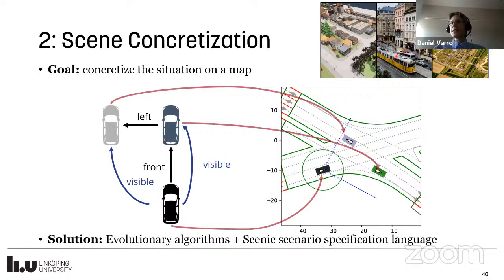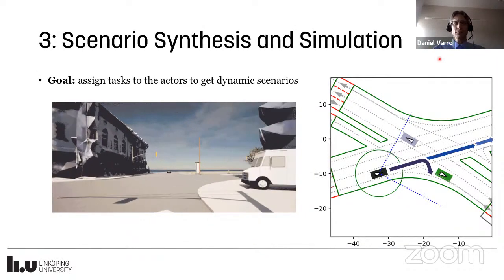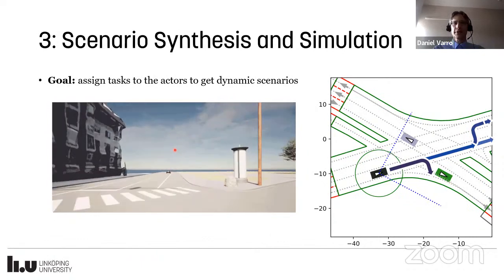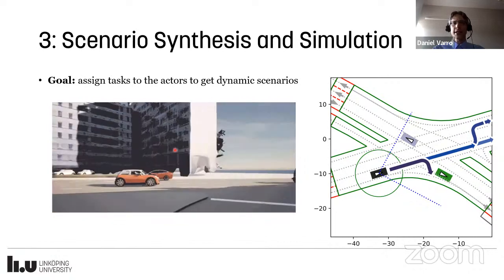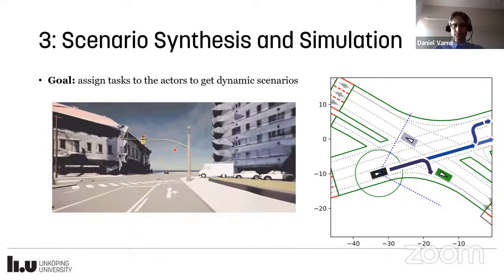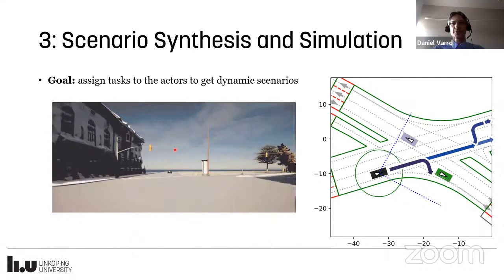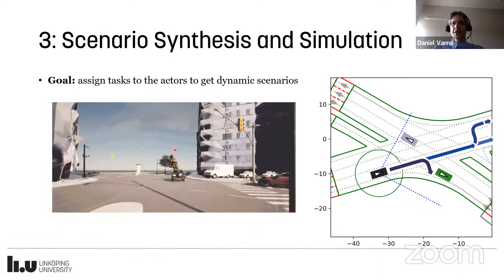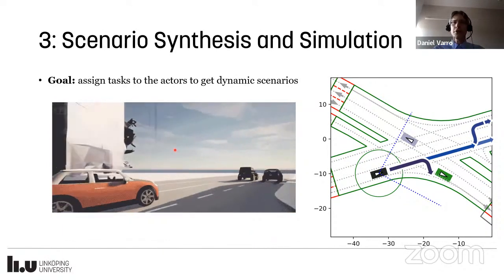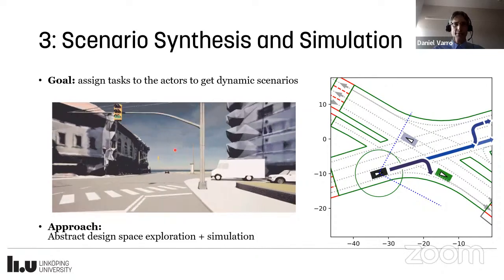In one case it is a physical intersection in Budapest, another one is a test track, the Zala zone, which has been built for testing autonomous vehicles. And then at the end, we use existing simulators to replay the actual scenarios that have been generated to see if there are critical or close to crash situations or the like. So this is one application of graph generation technology in a modern context.